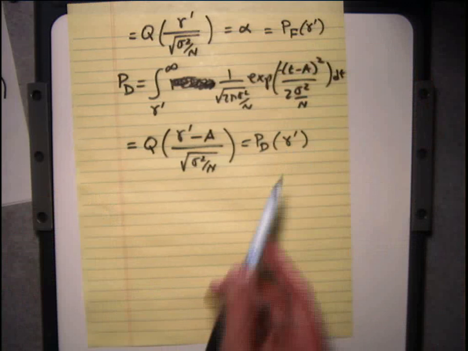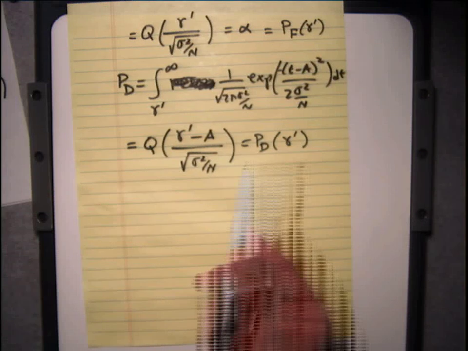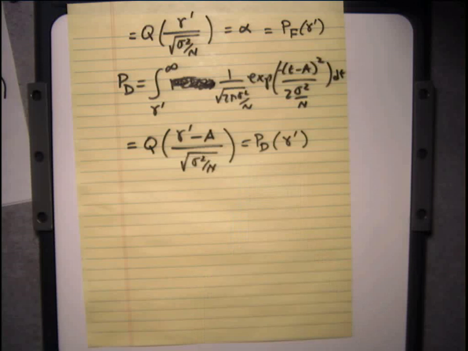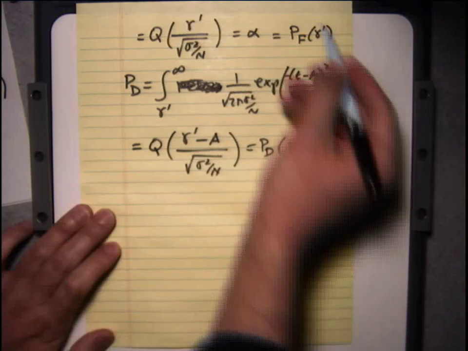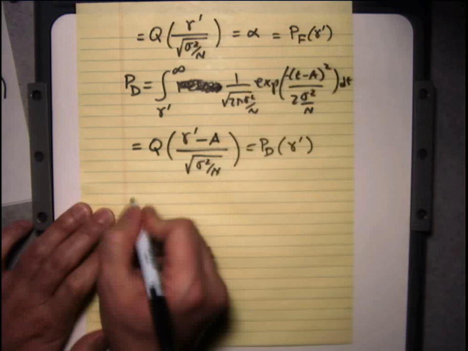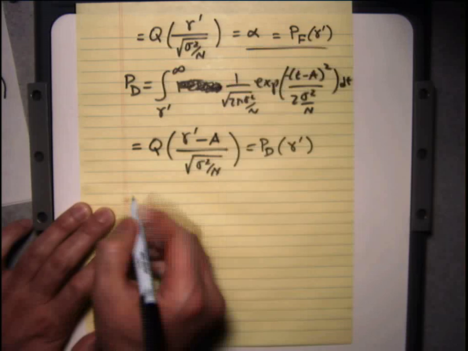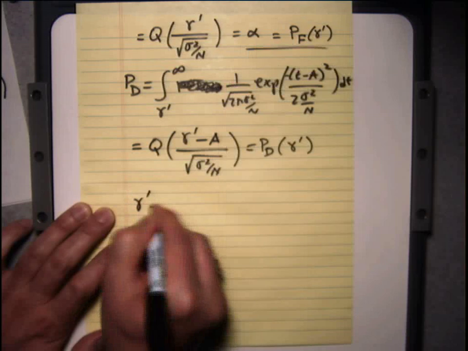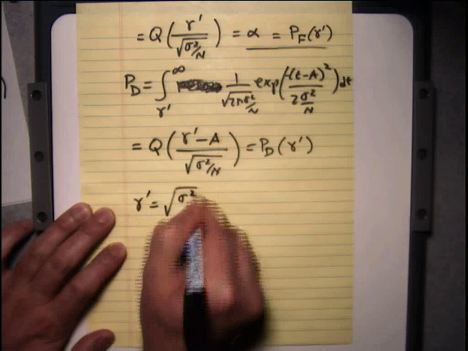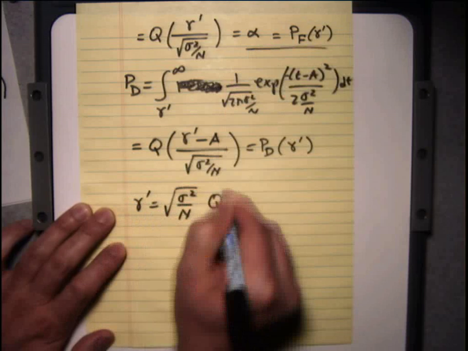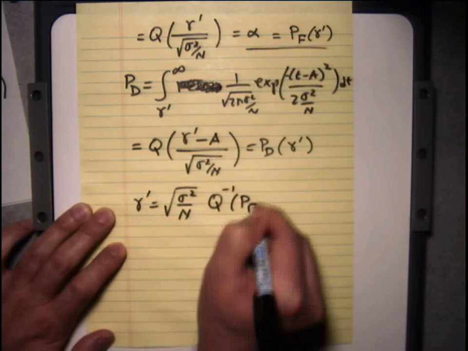Now if I wanted to characterize the gamma prime from here, I take this guy here and rewrite it. I get gamma prime equals square root of sigma squared over n times Q inverse of PF.